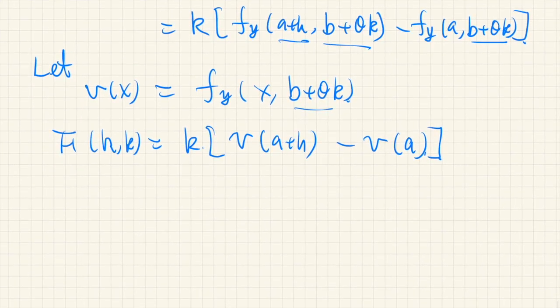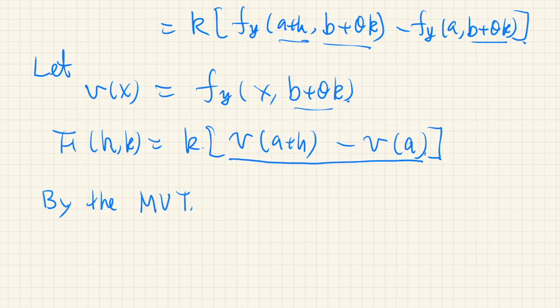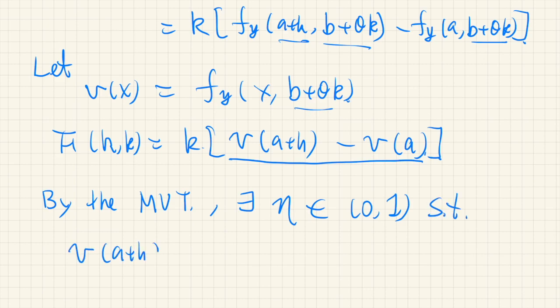Okay, now we use the mean value theorem again. By the mean value theorem again, there exists some eta between 0 and 1 such that v of a plus h minus v of a is equal to v prime of a plus eta h times h, right?